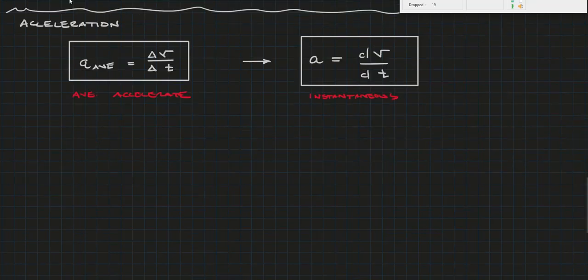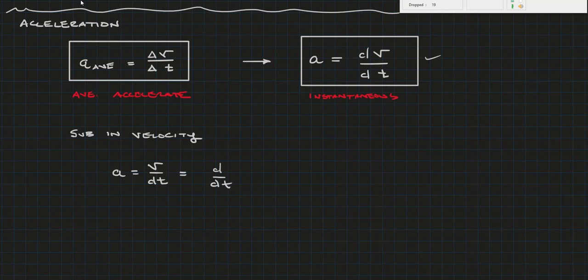So I can look at this equation here and substitute in the derivative we had for velocity, and come up with a equals dv dt, which equals the derivative with respect to time of velocity, which was ds dt, and this equals the second derivative of our position with respect to time.